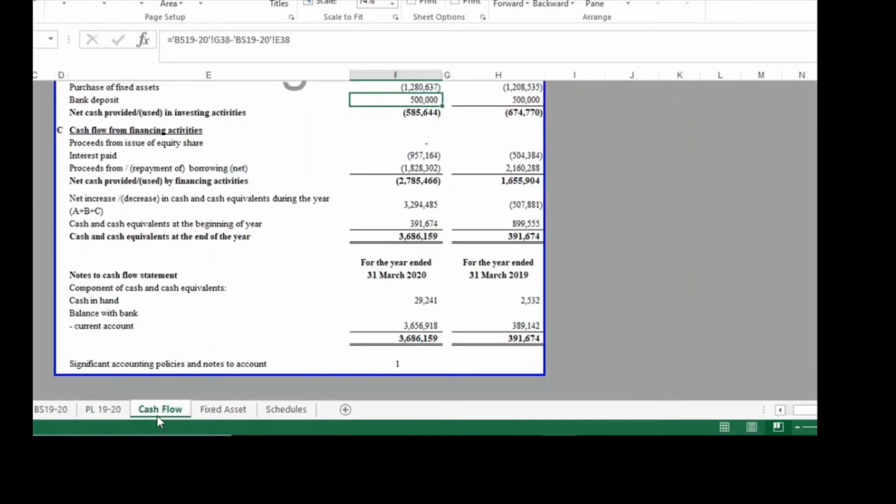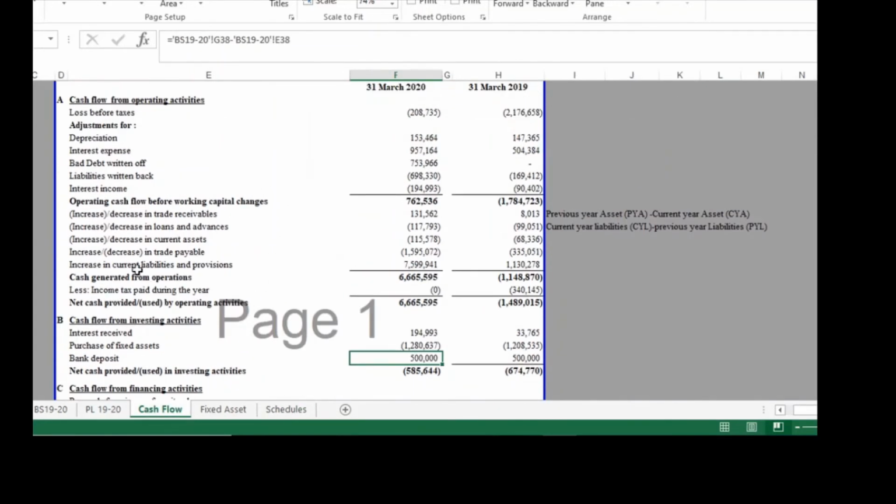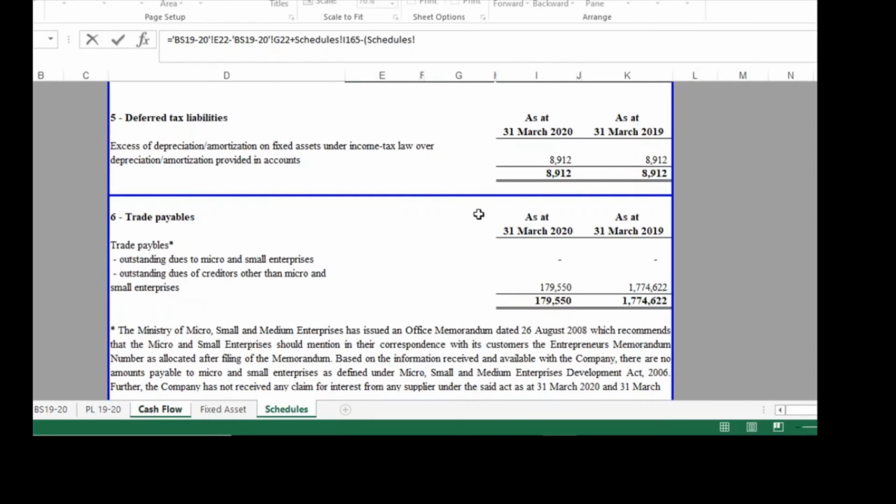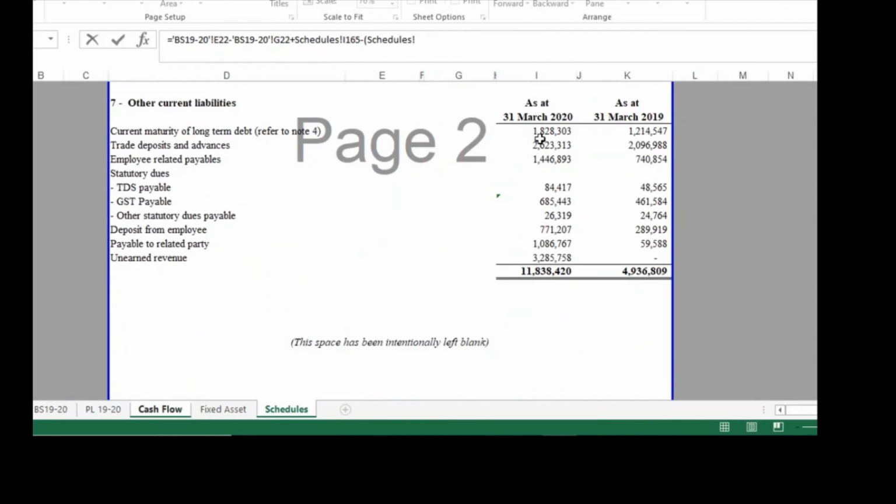So in the cash flow statement, we have current liabilities and provisions. We have the formula current year liabilities minus previous year liabilities. So we are going to put the same formula here, which is minus current year liability minus previous year liability.